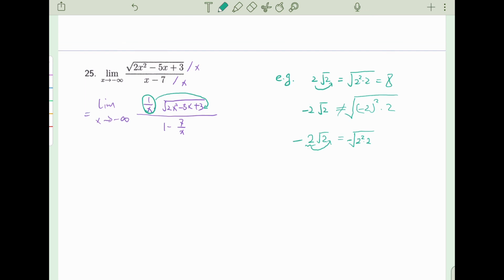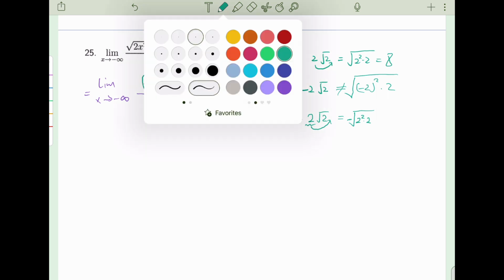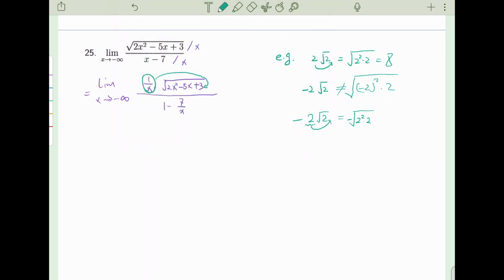Why do I mention this? Because the 1 over x that we're trying to put into the square root, we actually don't know what the sign of this thing is. We have to make sure that it's positive so that we are allowed to put it into the square root by squaring it. Now let's determine the sign of this 1 over x, the green circle.